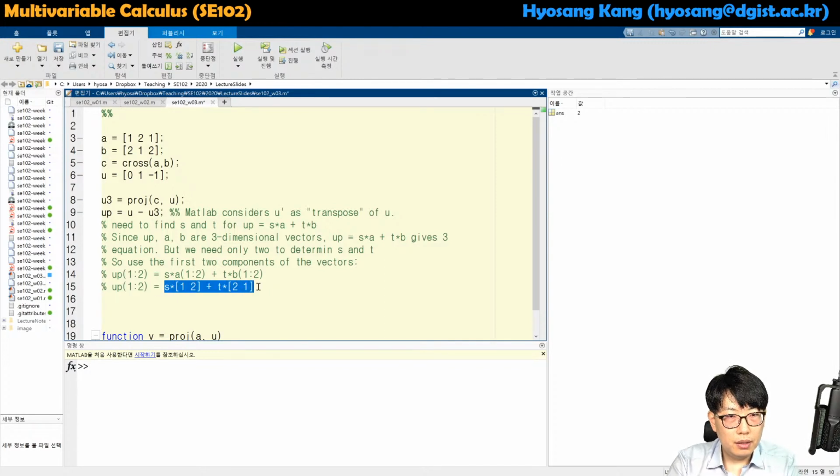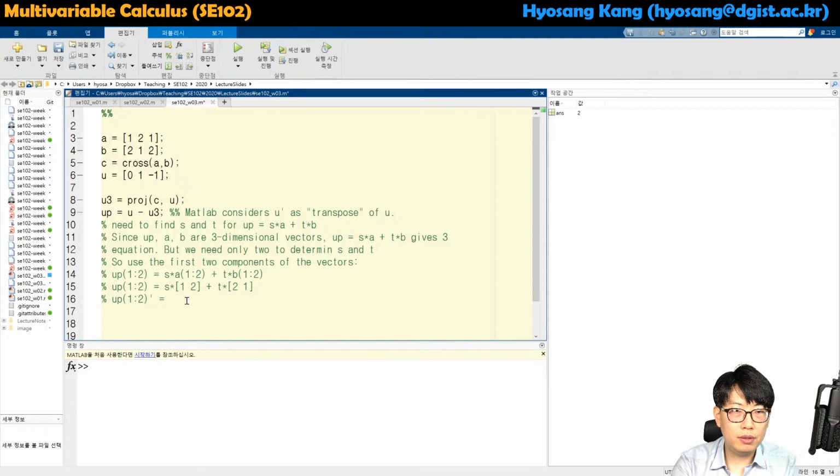So this can also be written as a column vector instead of these row vectors. So UP 1 to 2 column transpose. Since ABC are defined as row vectors, I need to put a prime symbol to make it a column vector.